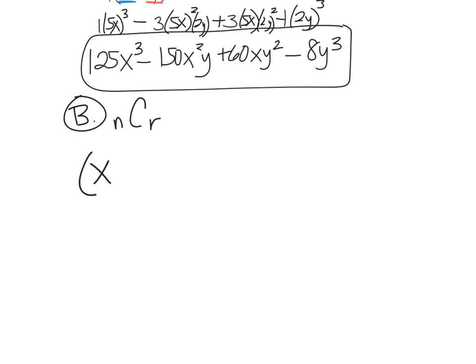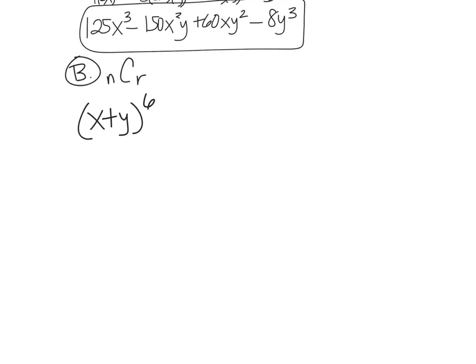Let's do, like, if you had x plus y to the 6th power, and you didn't want to write all your Pascal triangle out. What this does is the leading coefficient would be 6c0. And then x is to the 6th, y is to the 0. This is where it comes from.